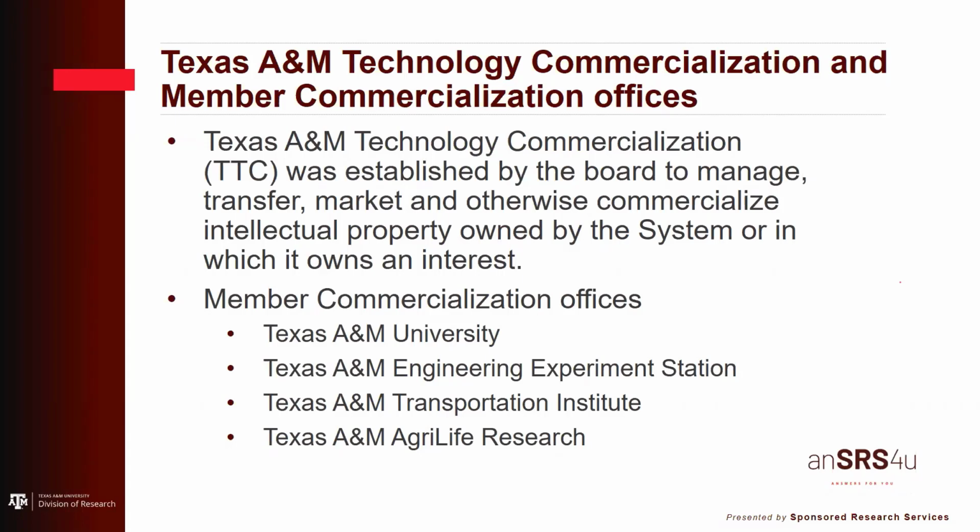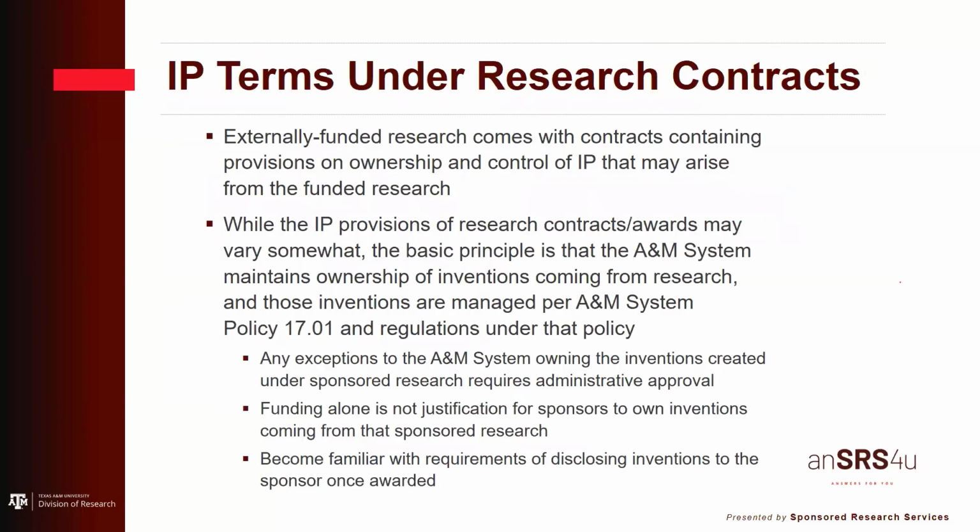And so there is frequent communication between our offices. It may sound like it's gotten a little bit divided up, but we all still work together very closely when it comes to managing the system intellectual property, because, as Mark said, the intellectual property is in the name of the A&M system at the top level.